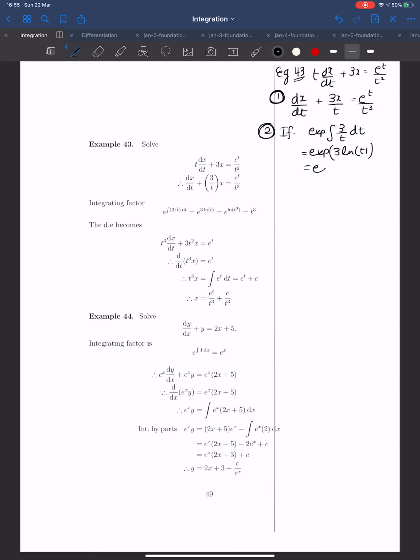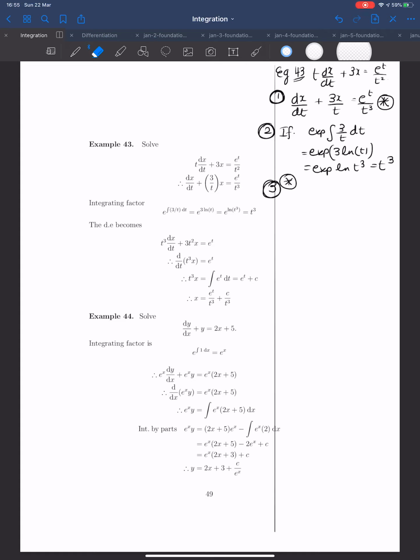So it's the exponential of ln t cubed, which is t cubed. So step 3 is multiply every term in star by t cubed.